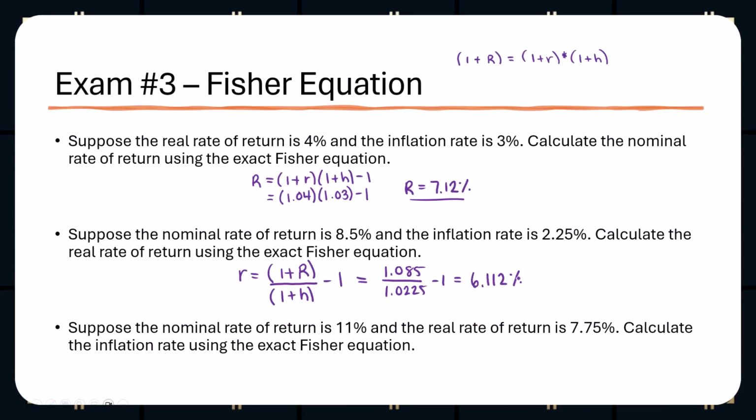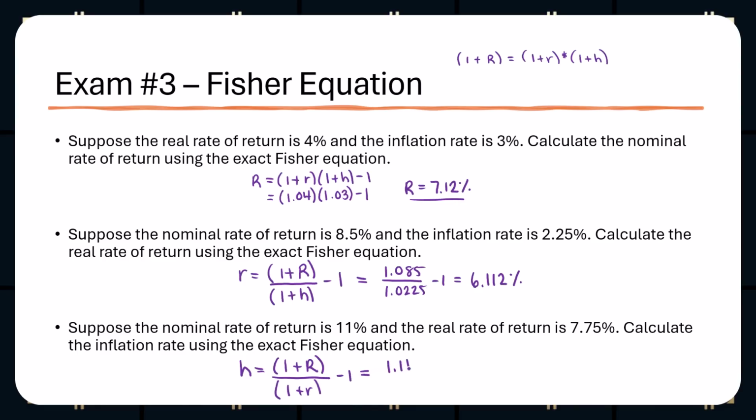Last Fisher equation here. Suppose the nominal rate of return is 11% and the real rate of return is 7.75%. Calculate the inflation rate using the exact Fisher equation. Again, we rearrange the formula. The numerator is still 1 plus the nominal, but this time we divide by 1 plus the real rate, and then we subtract 1.